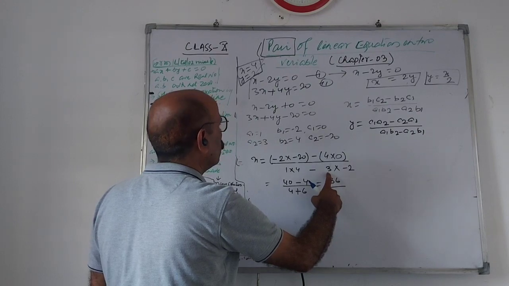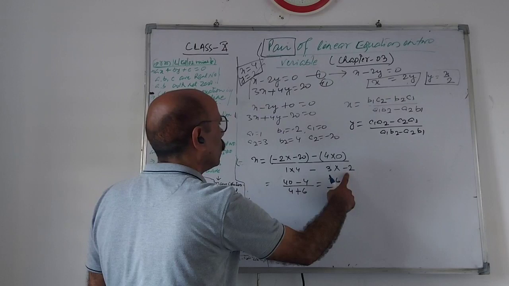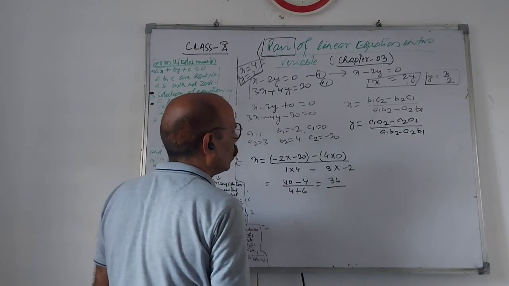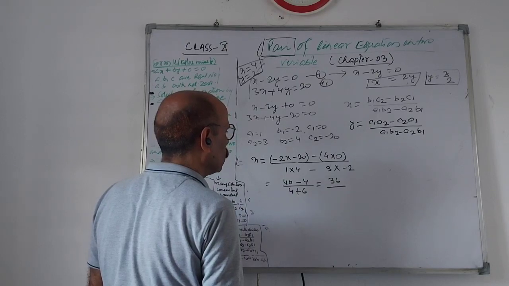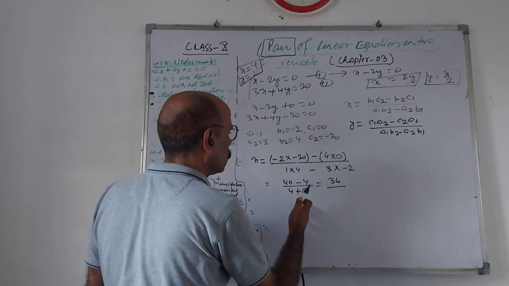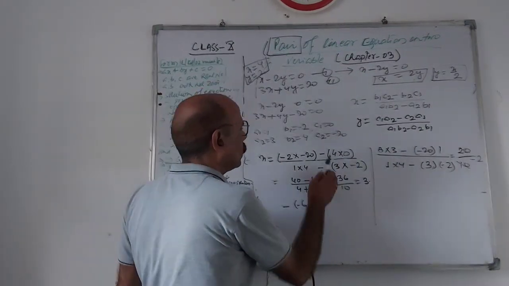Then a2 is 3 and b1 is minus 2, so plus 6, 10. Here, what is the mistake?